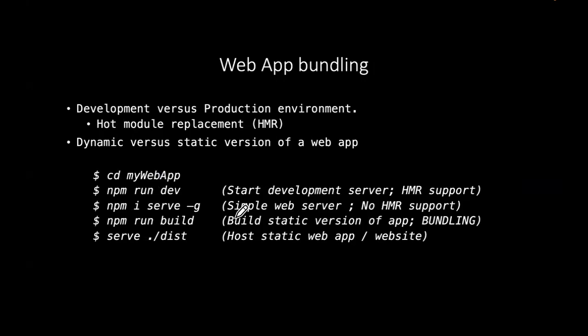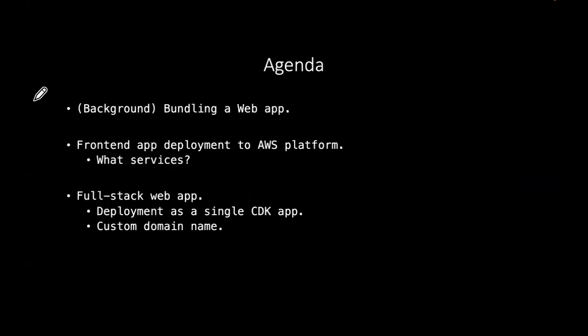So if I go back to the previous slide, so if we talk about just deploying the front end app, forget about the back end for a while. The question is what AWS service or services are targeting that aspect of application development.